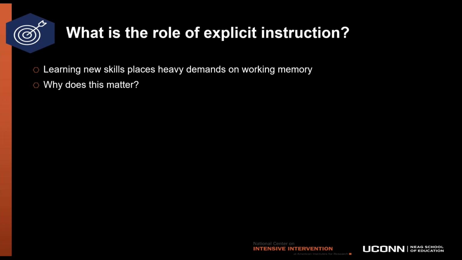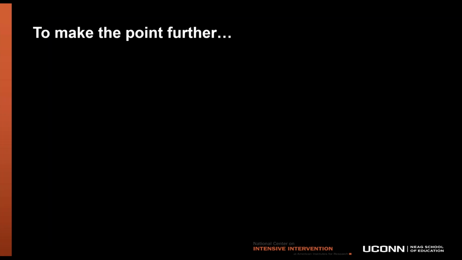And the big point here is that when students are learning something new, there's a very high demand on their working memory. And the demand on their working memory makes it very challenging for them to be able to take in all of the new information. And I'm going to use what I think is sort of maybe an unusual analogy here to sort of illustrate the point.